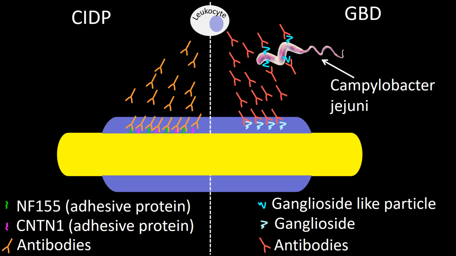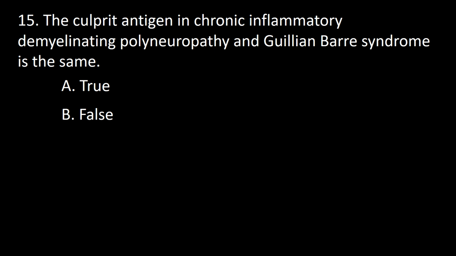The final event in case of CIDP and GBS is that myelin becomes unwrapped and demyelination takes place. But they get there by different mechanisms, as you can see in this frame. So the answer to this question is B.